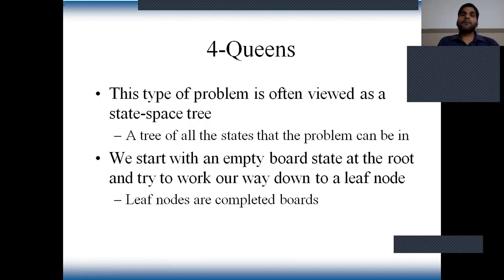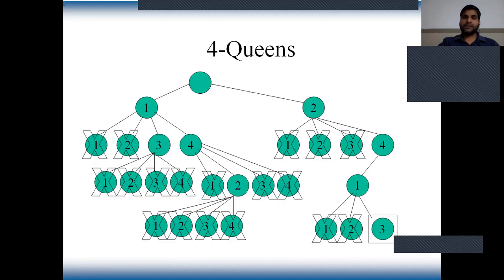This type of problem is often viewed as a state space tree, a tree of all the states that the problem can be in. So we start with an empty board, the state at the root, and try to work our way down to a leaf node. Leaf nodes are completed boards like that. The chessboard is empty.